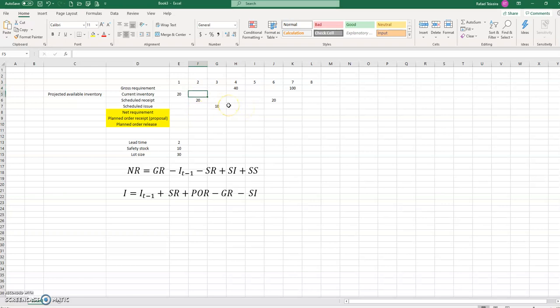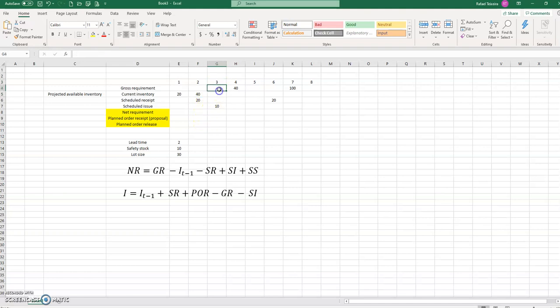So the current inventory for week 2 is equal to everything that I have from the previous week, plus everything that I received this week, week 2, plus any plan order receipt, minus everything that I used in terms of gross requirement and other scheduled issues. So 40.